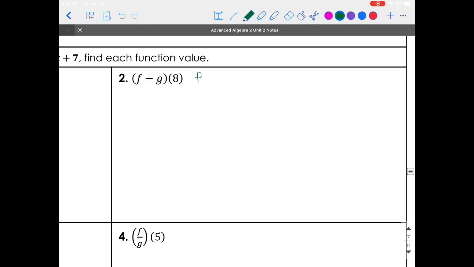So this number 2 is basically saying, all right, I'm going to find f of 8, and I'm going to subtract g of 8. So f of 8 is 2 times 8 squared minus 8 minus 12. You could go back to your calculator and say 8 store x, and now your x value is 8, and then you could type in 2x squared minus x minus 12.